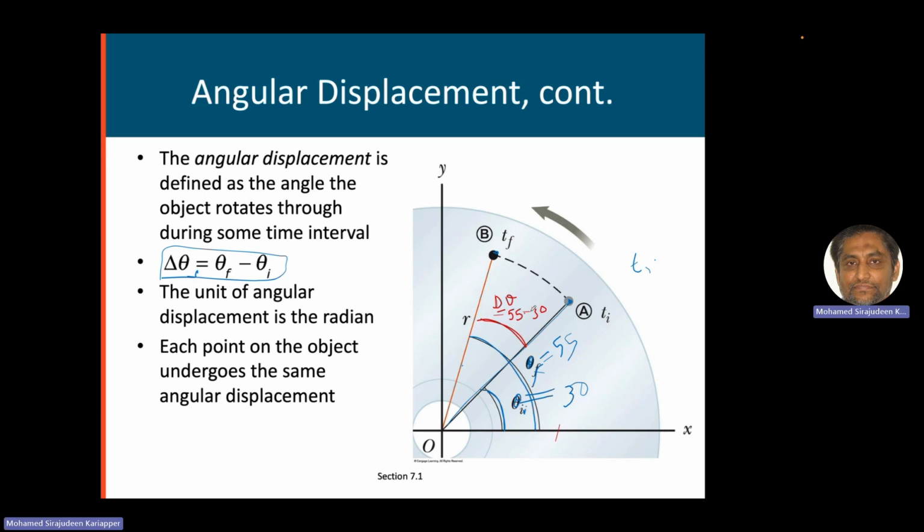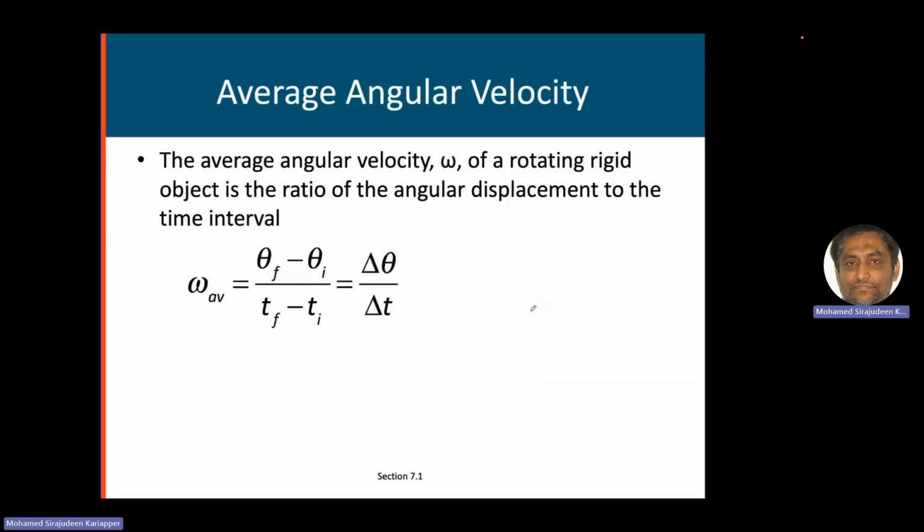So we know what angular position is. Now we also know what angular displacement is. What is next? Velocity, right? That's the order we did in chapter 2 also. We define the position, then we define the displacement, then we go on to define the velocity. Now here it is angular velocity.